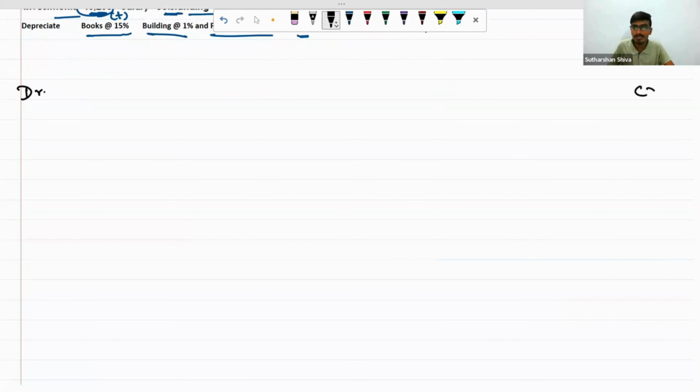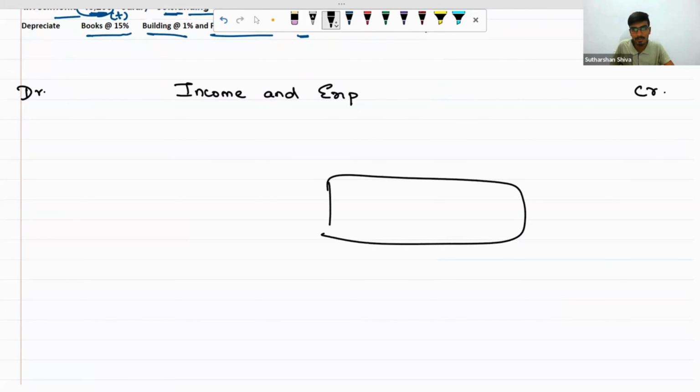First, write down. In your examination, first page is your income and expenditure. Next page is a balance sheet for this question.